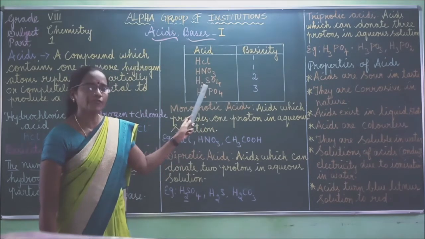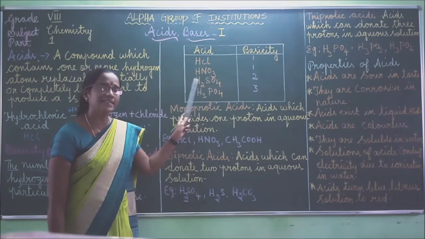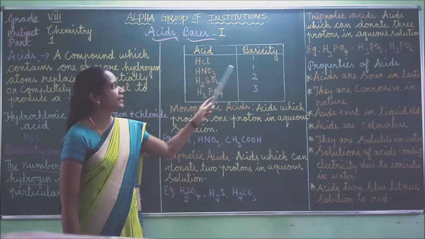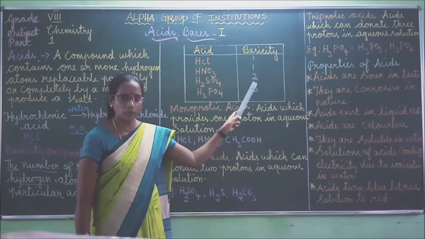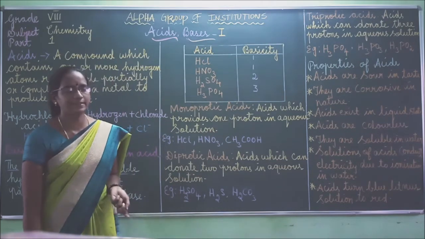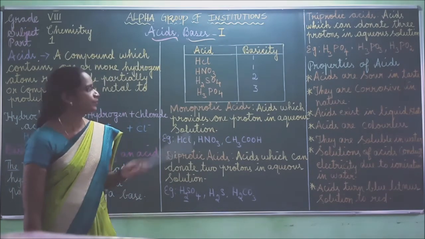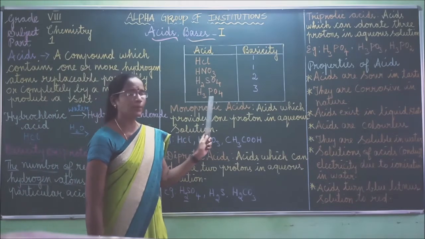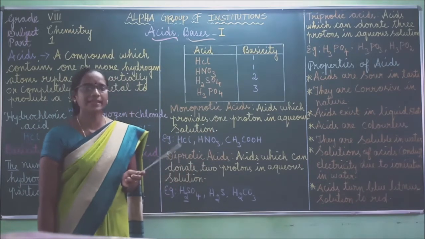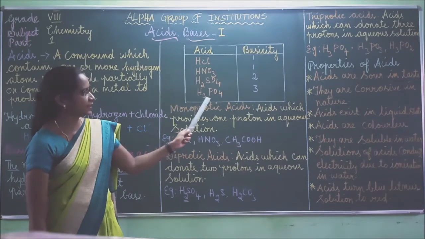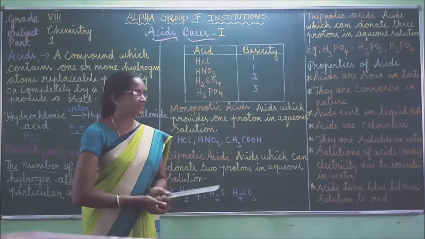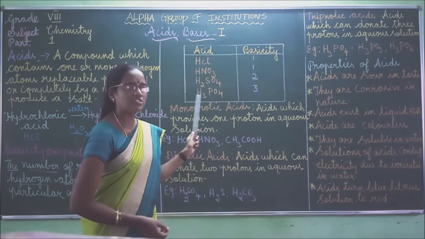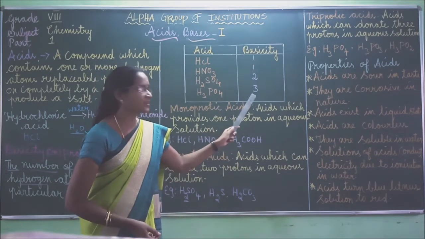Then sulfuric acid, its formula is H2SO4, and its basicity is 2, since 2 hydrogen atoms are present. Next one is H3PO4, phosphoric acid. Here 3 hydrogen atoms are present, so the basicity of H3PO4 is 3.